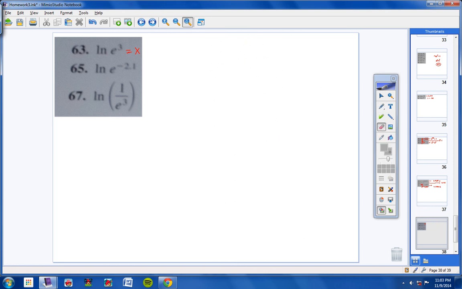Number 65. Okay. Natural log of e to the negative 2.1 equals x. Now next we're going to write log base e of e to the negative 2.1 equals x, okay? Now let's rewrite this exponentially. So e to the x equals e to the negative 2.1.